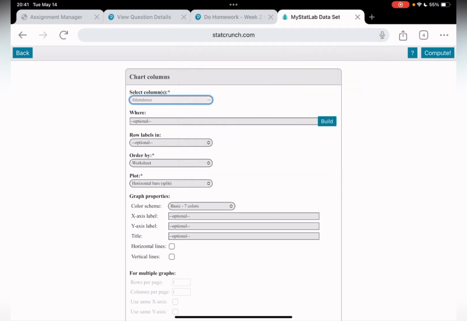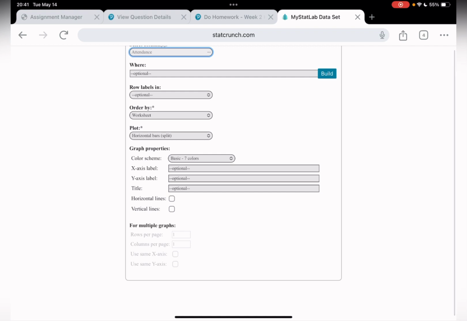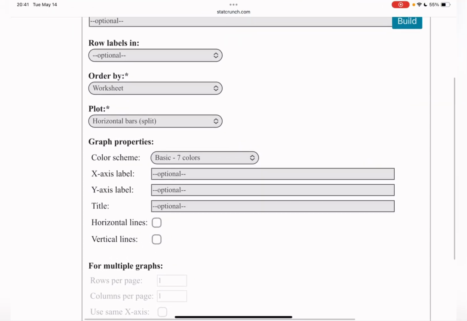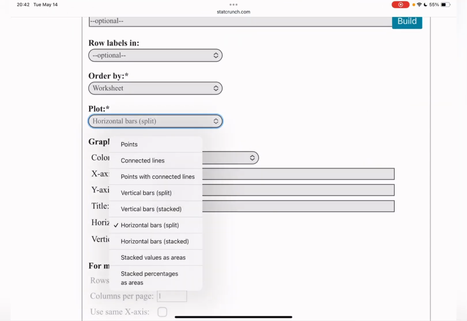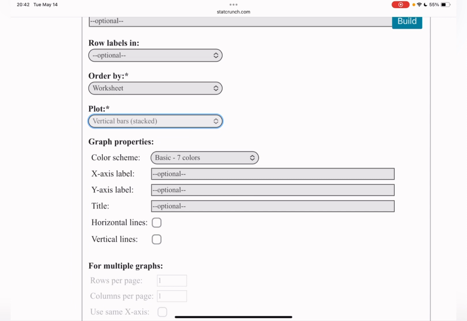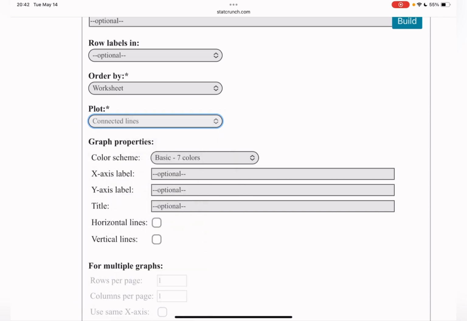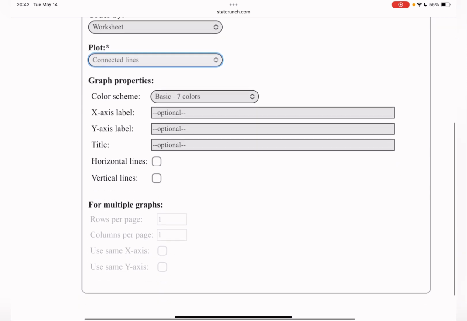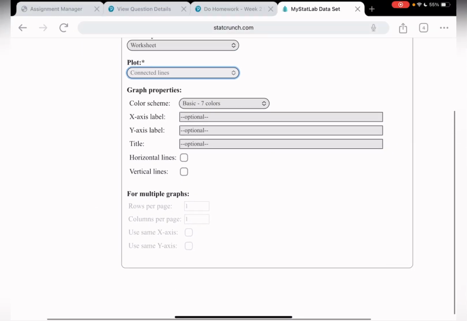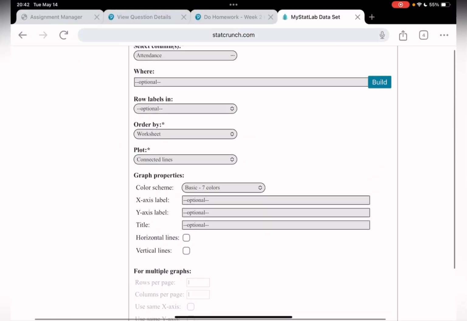All right. And what type of graph? I don't want bar, I want a plot with lines, so let me see, not bar, connected lines, that's what I want. Connected lines, and then click build.